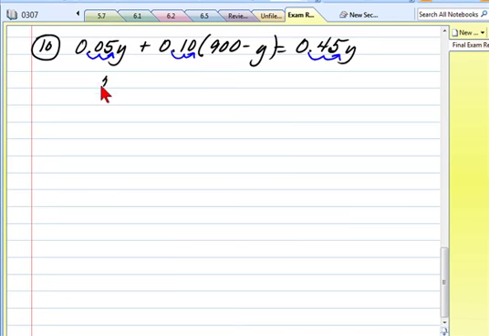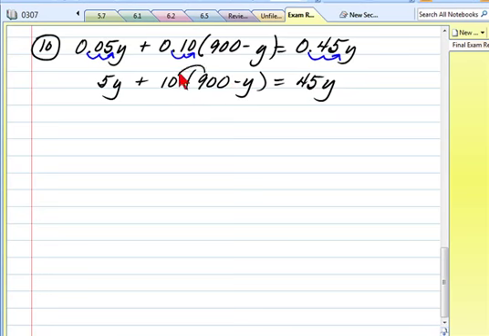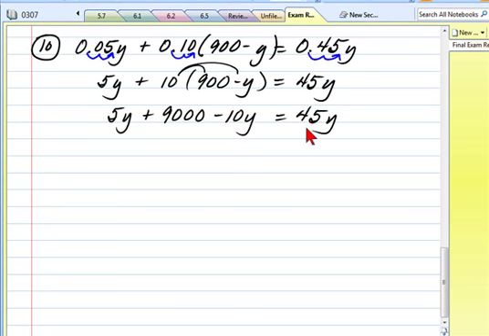This one then turns into 5y plus 10 parentheses 900 minus y is equal to 45y. I didn't multiply and move decimals inside the parentheses because the distributive property will carry that inside. So I end up with 5y plus 9,000 minus 10y is equal to 45y.